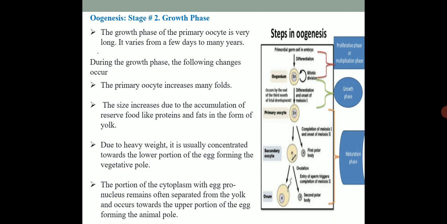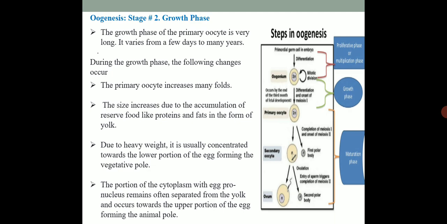The next phase is the growth phase. The growth phase of the primary oocyte is very long and varies from a few days to many years, and that part from oogonium to primary oocyte is what we call the growth phase.